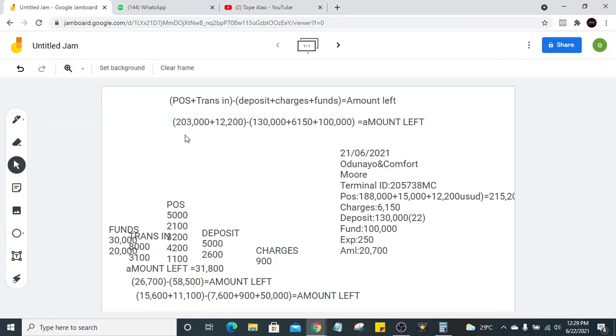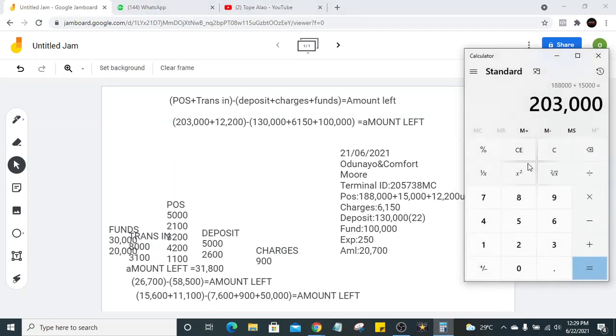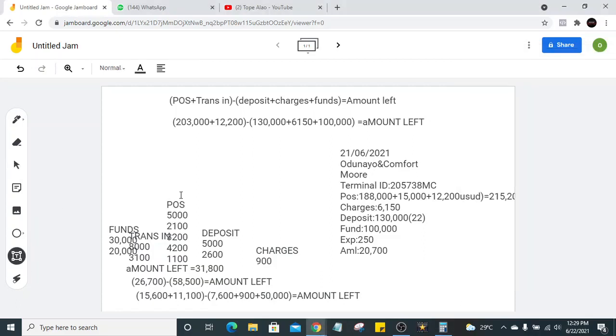So the next thing is to add this plus this. Let's do this from the beginning. 203, that is this one, plus 12,200. So that equals 215,200. That's the first bracket.